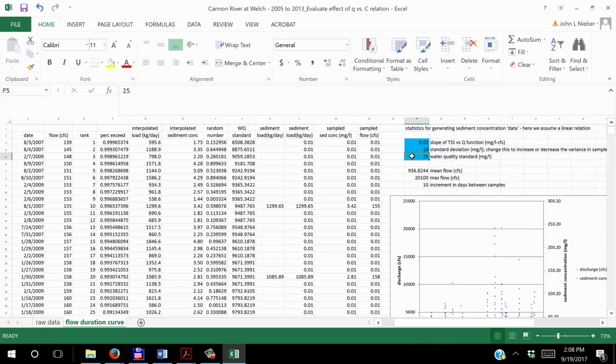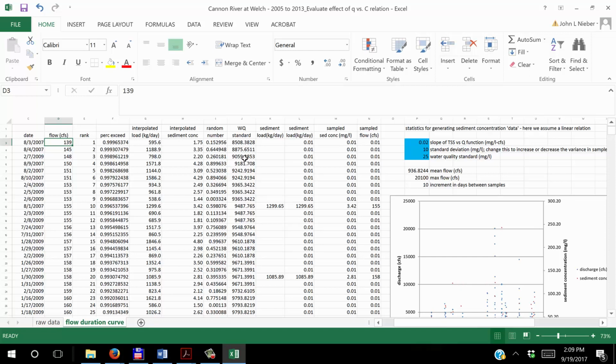I could use a different unit than that, but the water quality standard is given in this column. So for that discharge of, in this case, 139 cubic feet per second, the smallest value, I multiply it by 25 milligram per liter, do all of the unit changes and so on. This unit for the water quality standard is going to be kilograms per day, and so the value is 8,508.